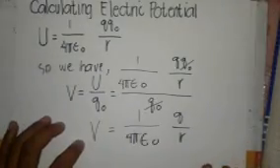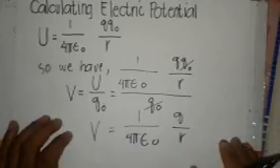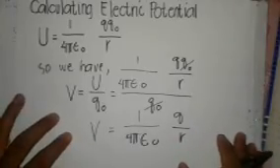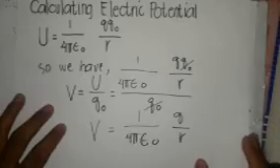So in order for us to get an equation for potential due to a collection of point charges, we need to use the equation for point charge q naught and a collection of point charges q sub i.